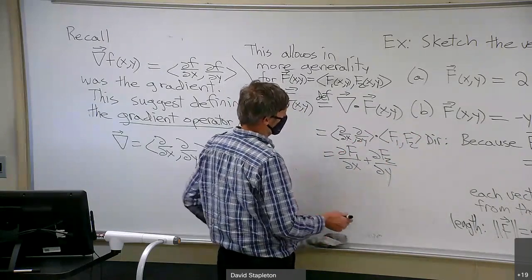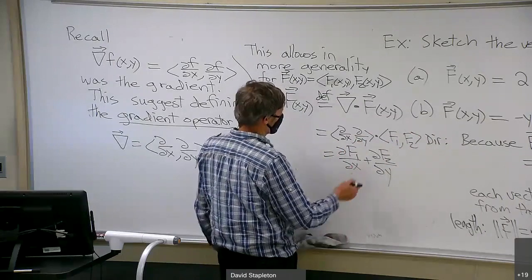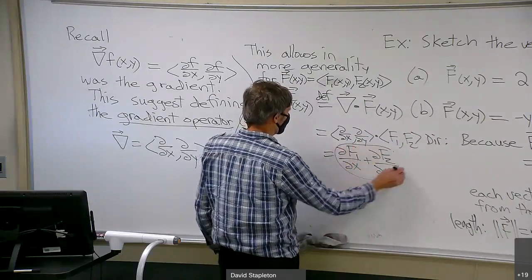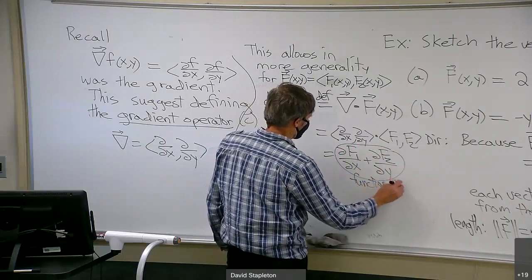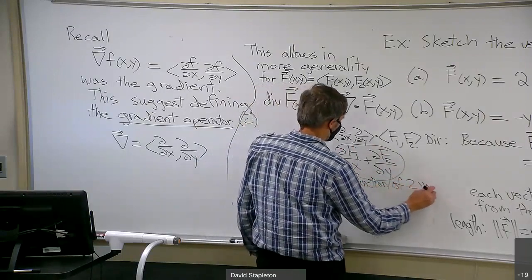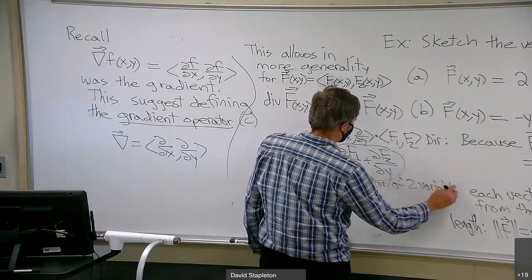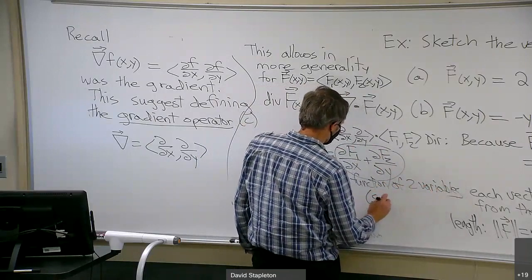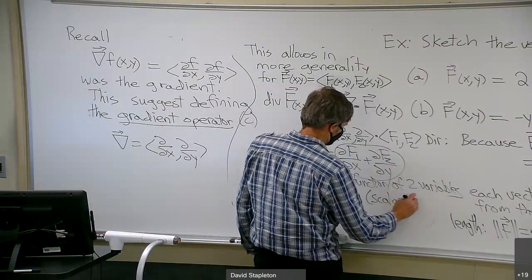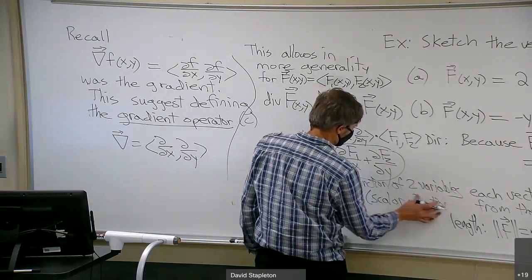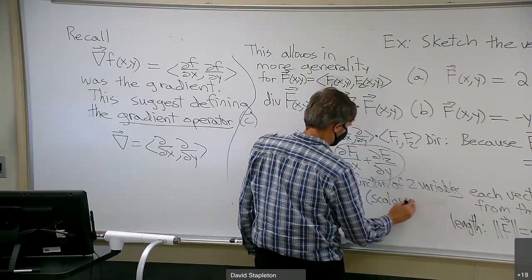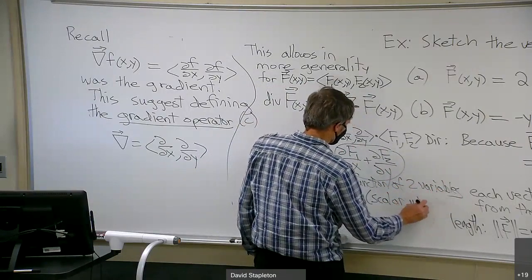It's just an ordinary function, a function of two variables. Sometimes called a scalar function, or scalar valued function, instead of vector valued function.